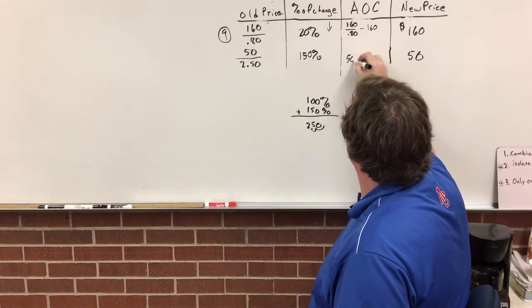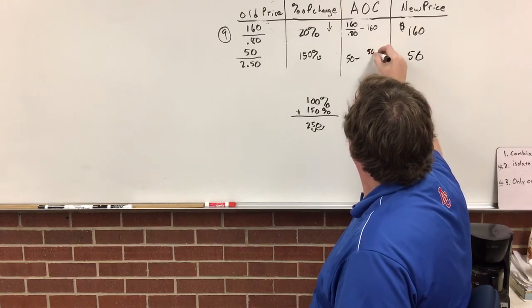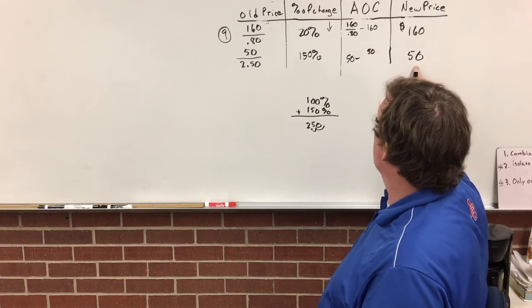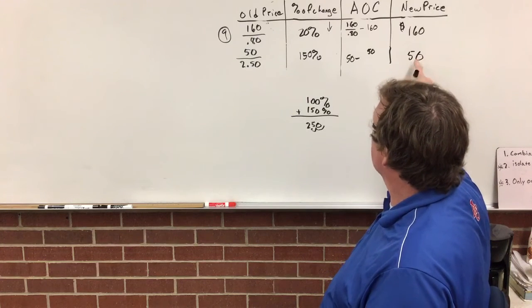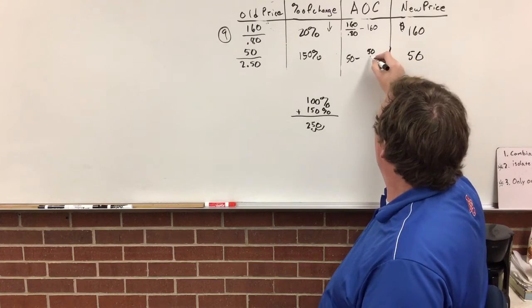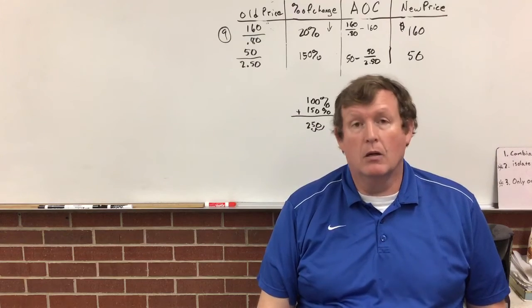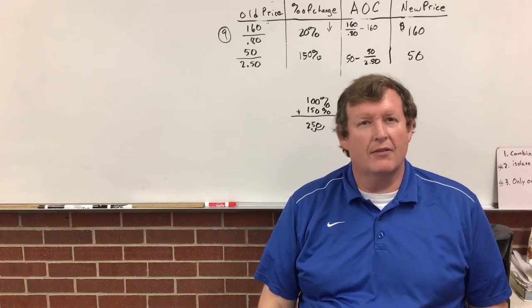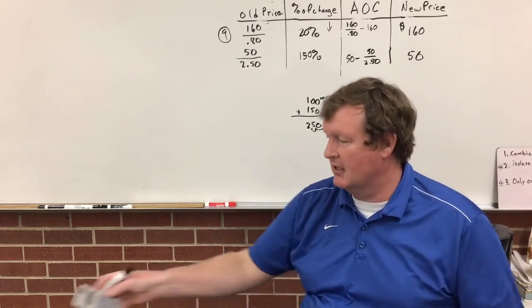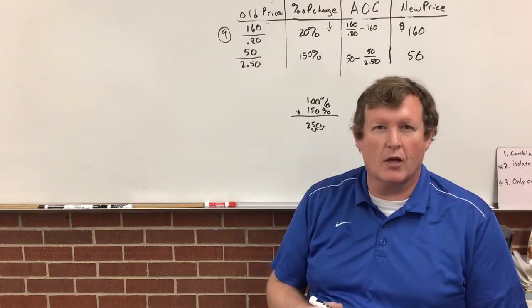Actually, we're going to go 50 minus, because this will actually be the larger number this time, because it was a markup. That's why we're subtracting from 50 to get it correct. There we go. Wow. Whew. Some tricky stuff there, even for Mr. Lindblad. He always gets a little tricked up by that, so he has to walk through it.